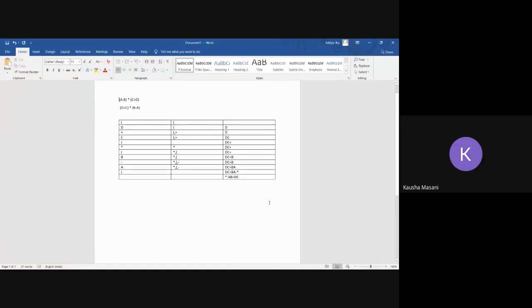Yes, correct. Aditya, just keep the screen as it is. Anybody who would like to verify, you can verify your method if something is going wrong or the answer is not matching. Aditya, can you zoom a bit? Yeah, sure.